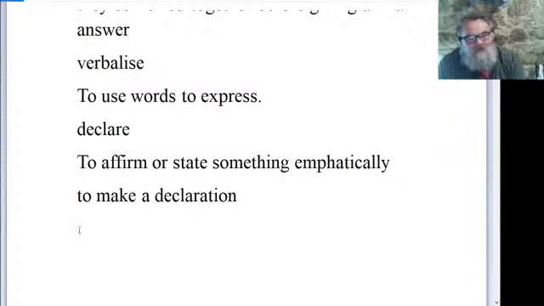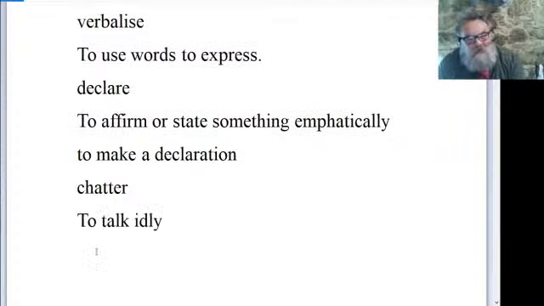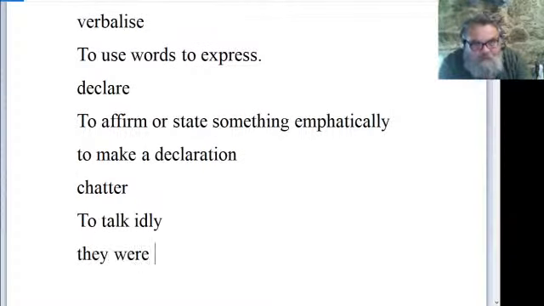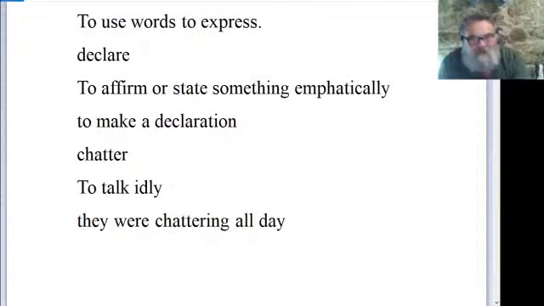Yeah, also chatter as a noun can be the sound of voices. Yeah, they were chattering all day. I was actually thinking as well, your teeth could chatter when you're cold.